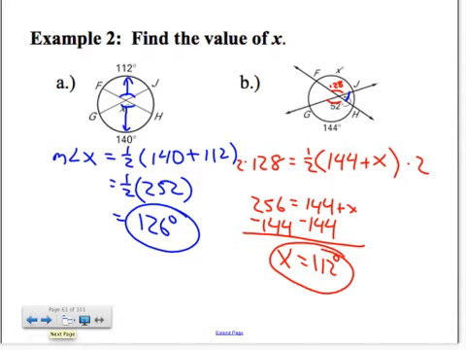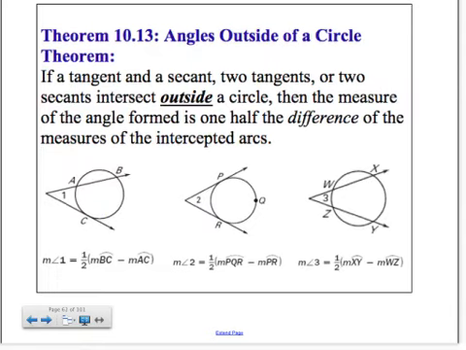All right, so again, just some more examples. Now this next theorem is about angles outside of a circle. If you have an angle outside of a circle and both of the lines intersect the circle, okay? If I give you a diagram where one of the lines intersects and the other doesn't even come close to touching the circle, there's nothing you can do there.